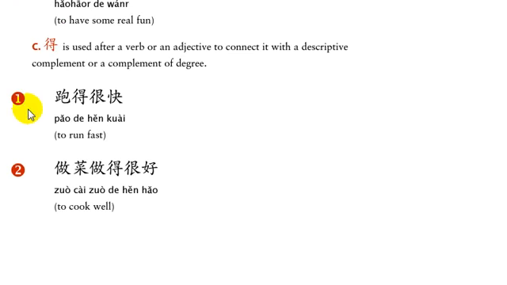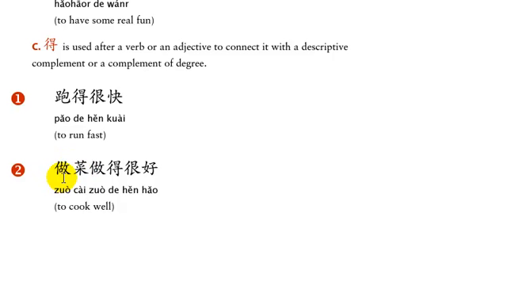Okay, so we're running. Okay, 跑. But how are we running? 跑得很快. We're running fast. Okay. And here, cook well. So we're cooking 做菜. Okay, and you remember we learned these because when you want to talk about 做菜 you have an object after 做.